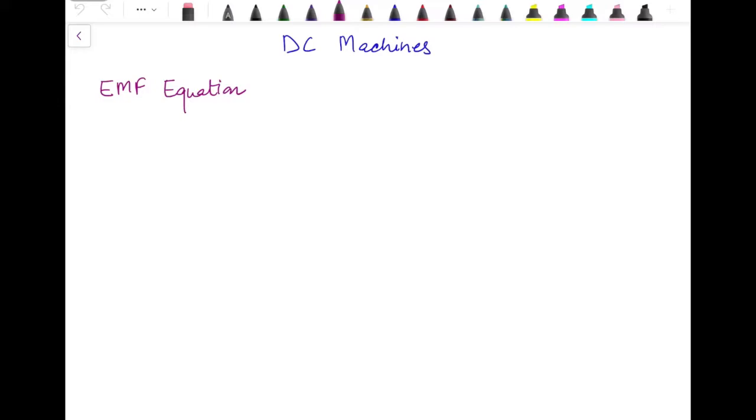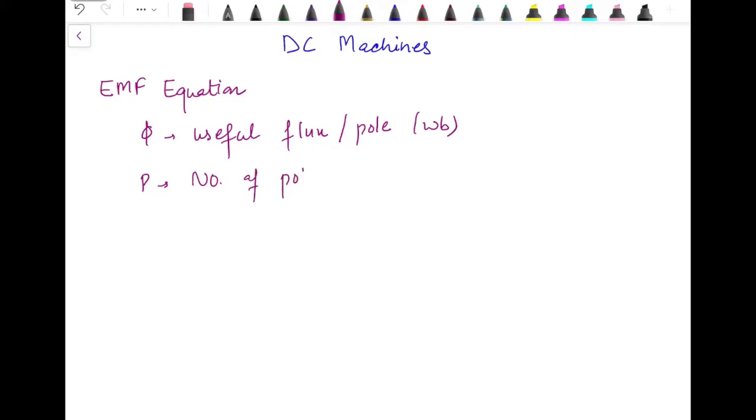For EMF equation, let's say phi is the useful flux per pole in Weber. P is number of poles. So number of poles are always in even numbers.